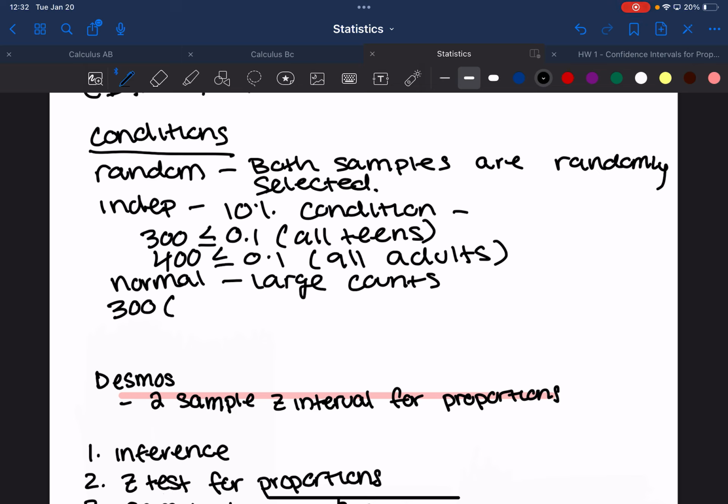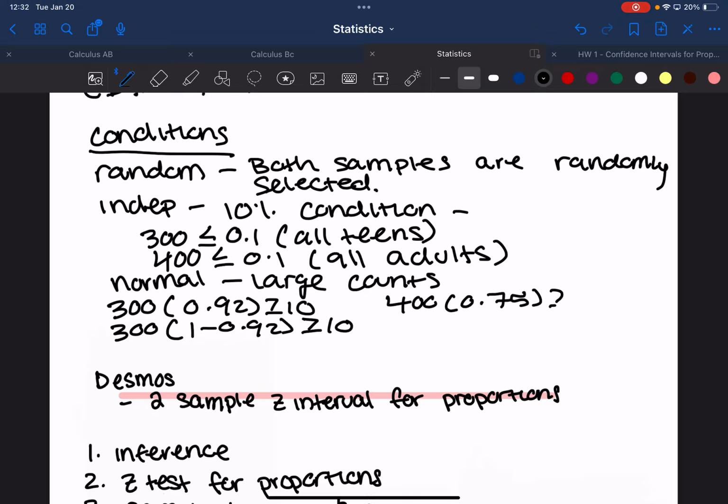So 300 times 0.92 is greater than or equal to 10. 300 times 1 minus 0.92 greater than or equal to 10. 400 times 0.75 greater than or equal to 10. And 400 times 1 minus 0.75 greater than or equal to 10. You do not need to simplify that 1 minus. Okay, so if you are not confident in your math, either go to Desmos if you really want to simplify it, or just leave it. Okay, leave it alone.